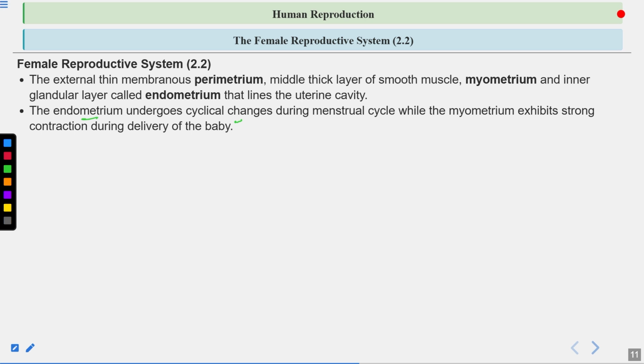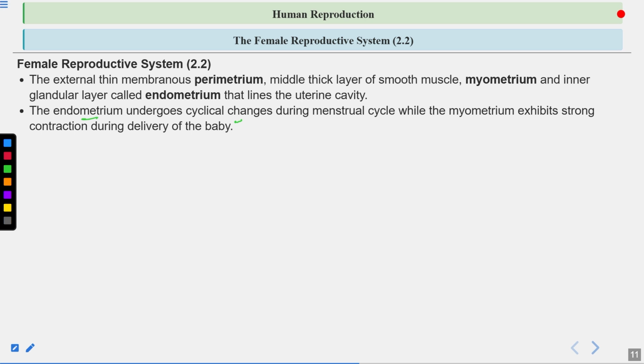Okay. So here the endometrium is undergoing cyclic changes, meaning there is a variation in its thickness. In some phases it is very thick, and in some phases it is very thin. All of this depends on the level of the hormone progesterone, and to a little extent estrogen also.